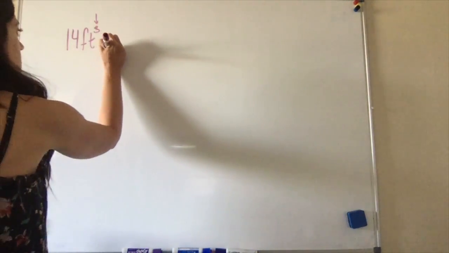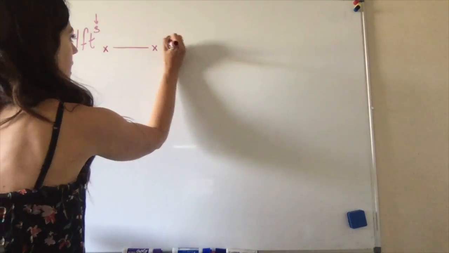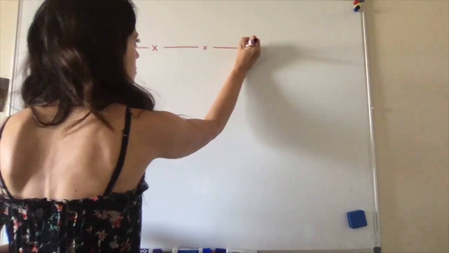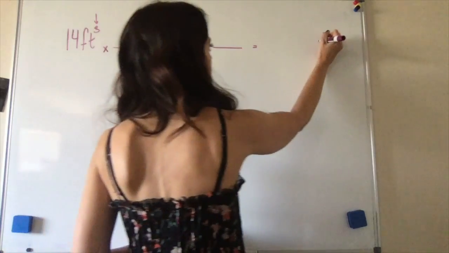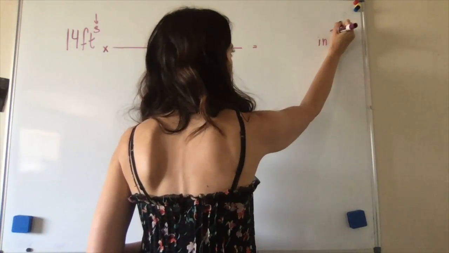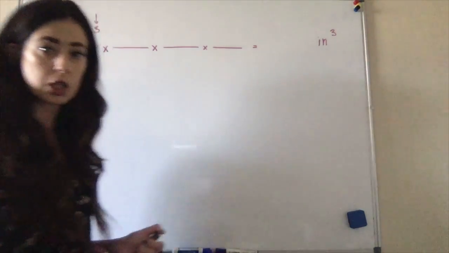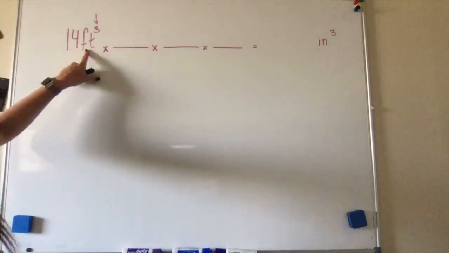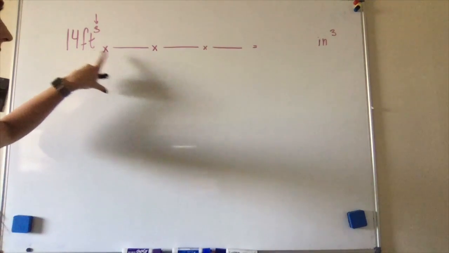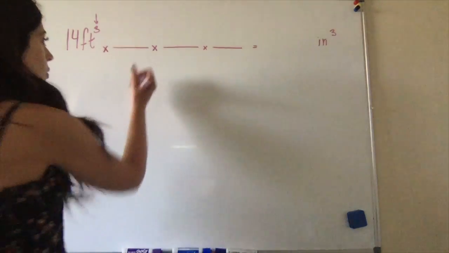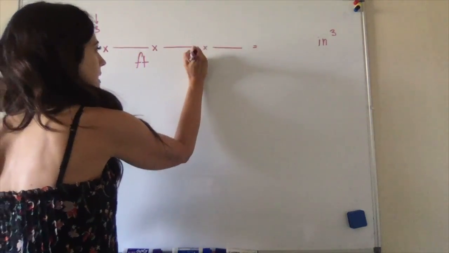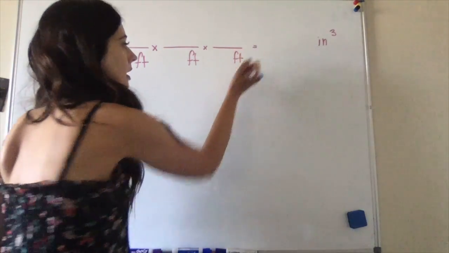So when we set up our skeleton, we're going to make space for those 3 unit multipliers, and then we know that our final answer needs to be in inches cubed, okay? So remember, whatever is in the numerator in our given has to be in the denominator. So something of feet has to be here in the denominator, right?